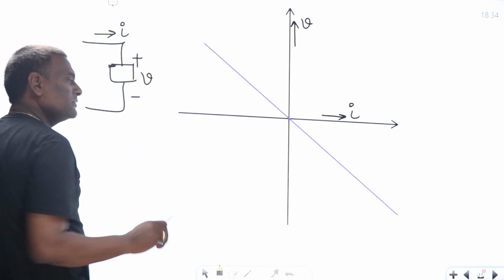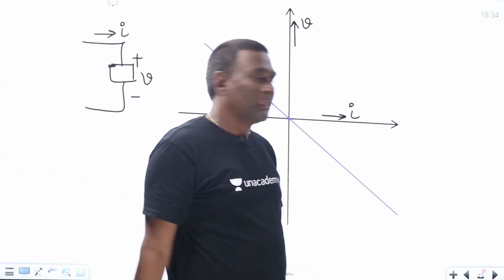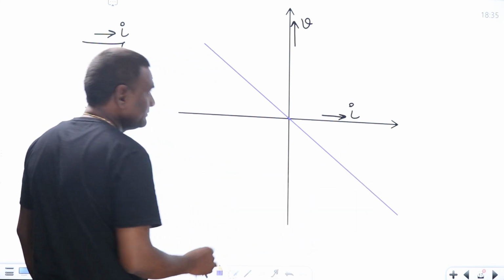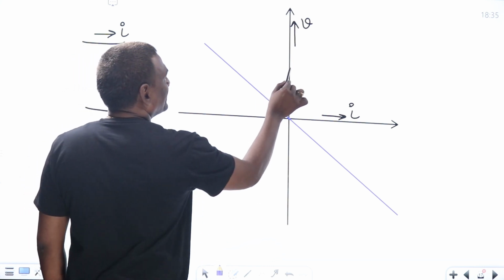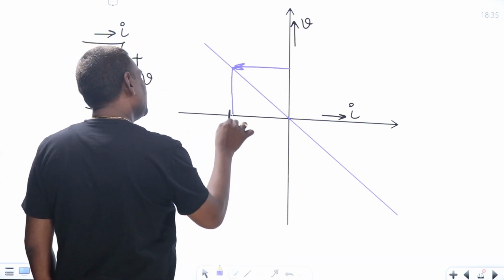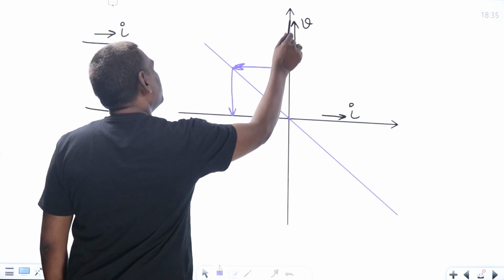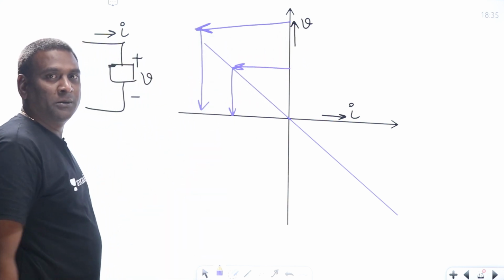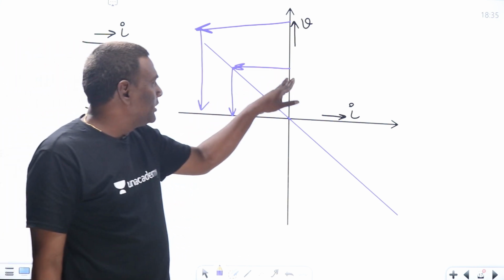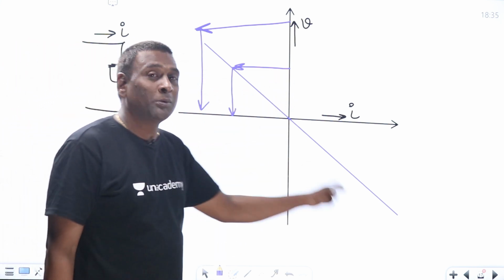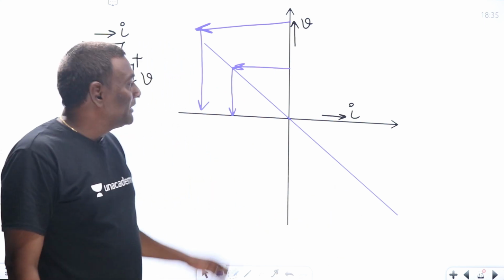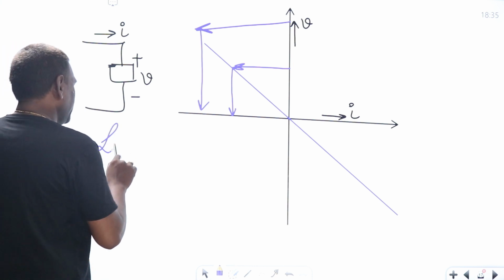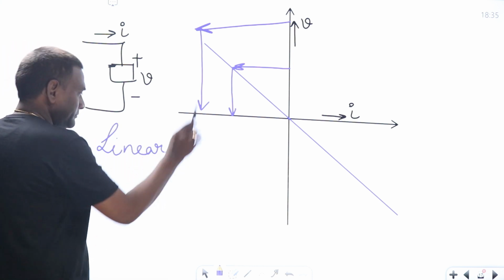Now, let us think of linearity first of all. For this much input, this is the output. If I double the input, the output is going to be doubled. For positive voltage, negative current is given, but direct proportionality is there, because it is a continuous straight line going through the origin. So this system is going to be linear.